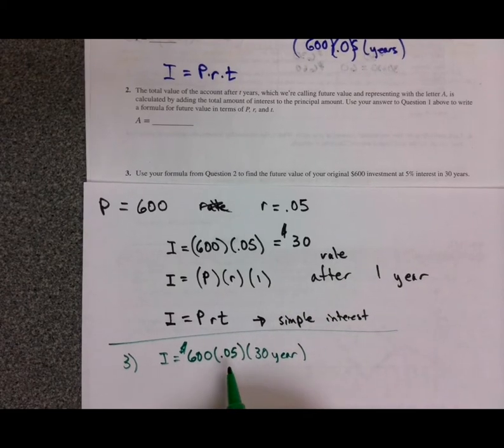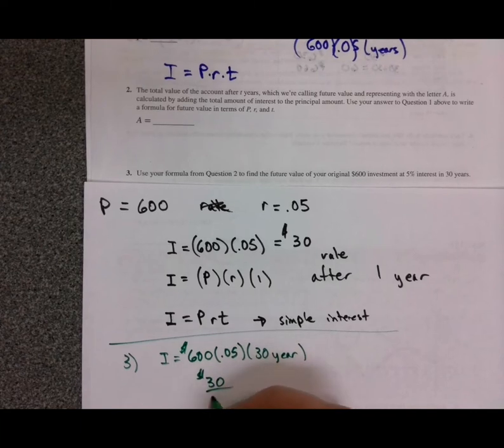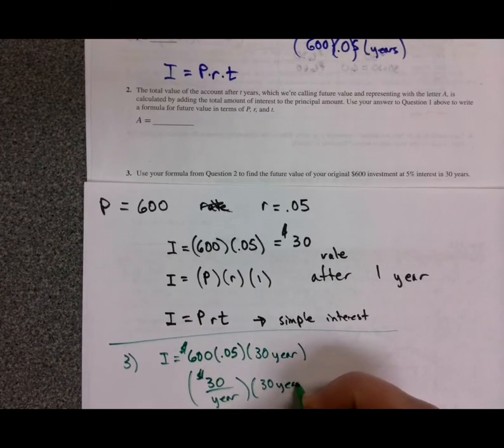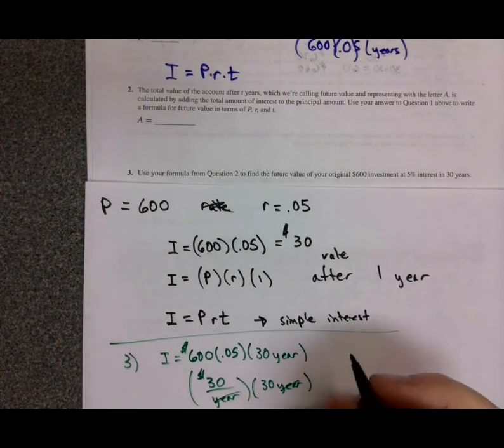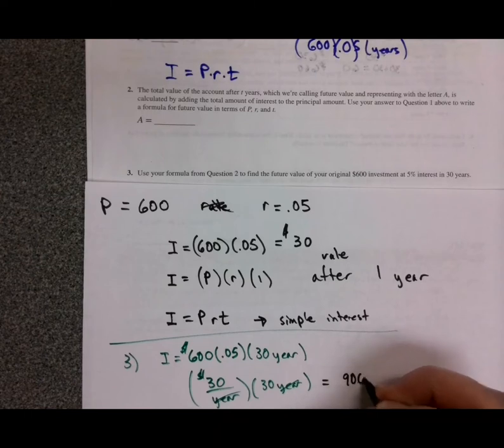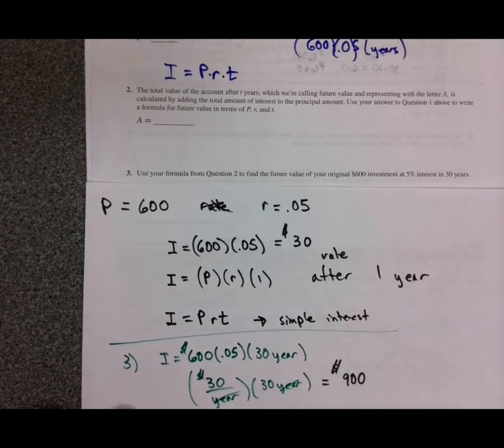So we would do 0.05 times 600, that's $30 per 1 year, and then multiply that times 30 years. Note the years cancel because this is year divided by year, and we get what we already noted before, that you would earn $900 in interest.